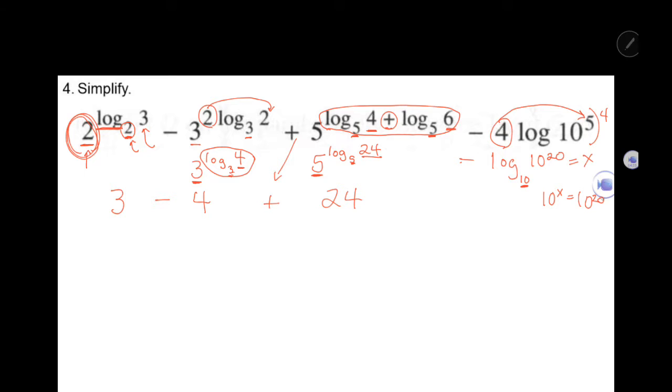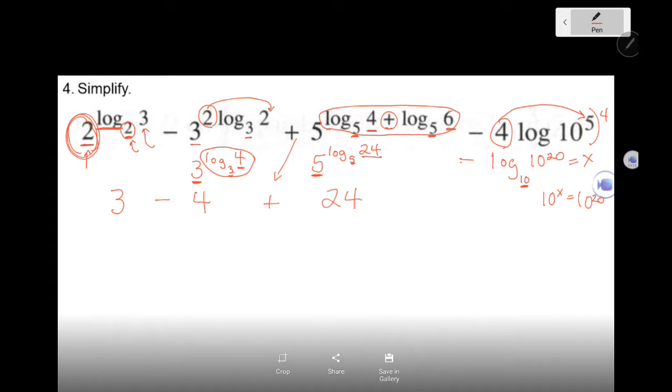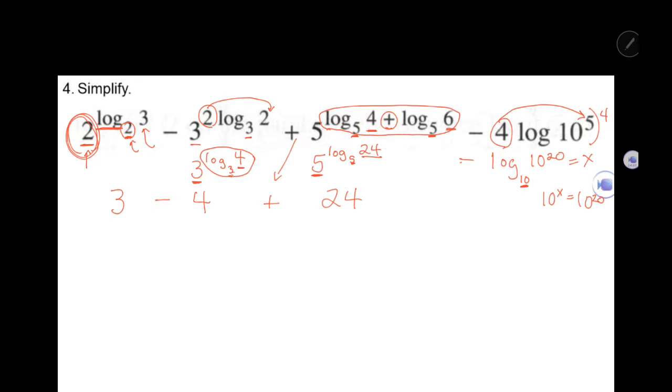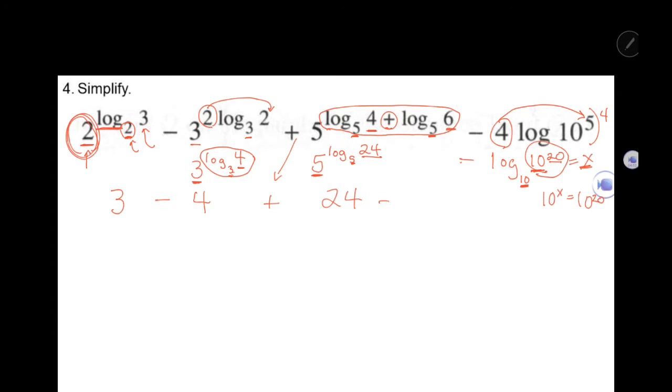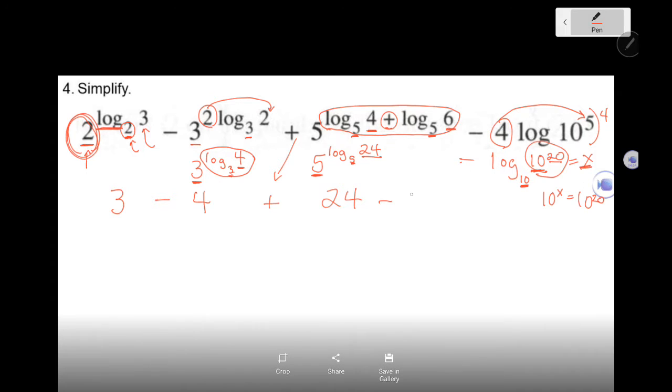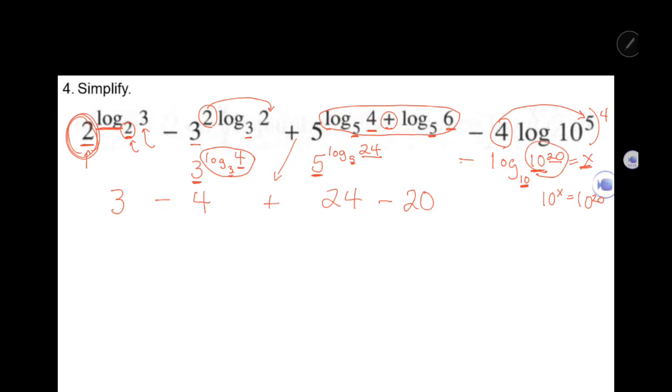Well, I have 10 to the 20, so x must be 20, right? Here's my base, and my desired result is 10 to the something, and I'm going to raise my base to something to get this. Since this is the same number, it must be 20. So I'm going to say minus, because there's a minus sign out here, and then 20.